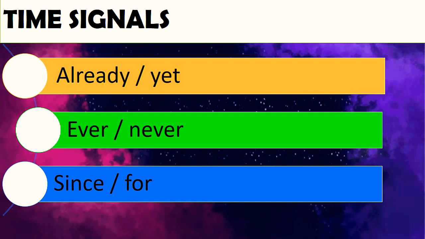So now let's move to the other important thing of present perfect tense. Yeah, it is time signals. The first time signals that you need to know are already and yet. So actually the difference between already and yet is about the usage.